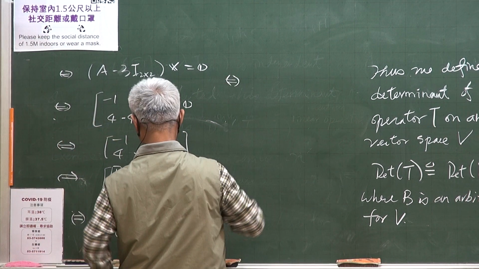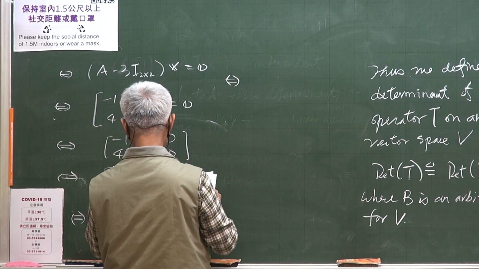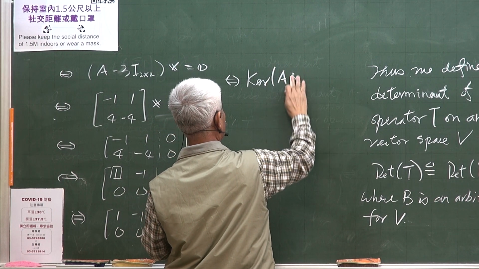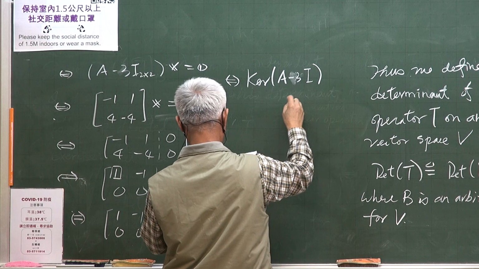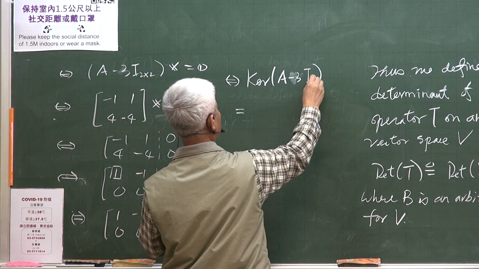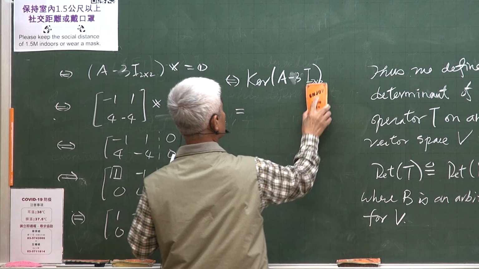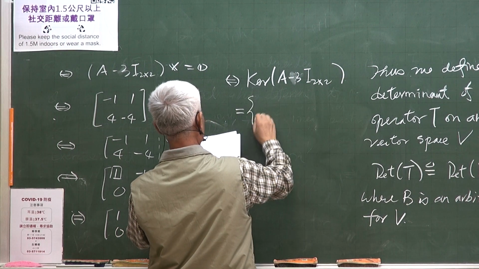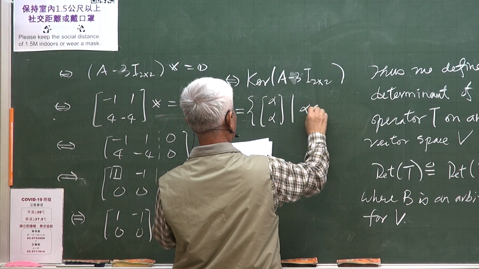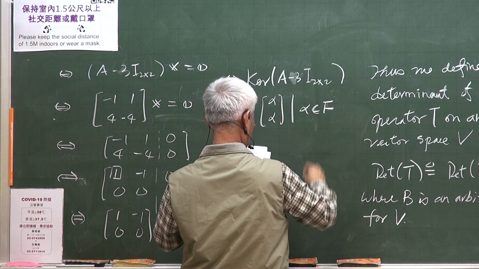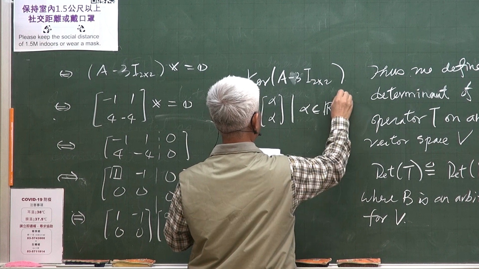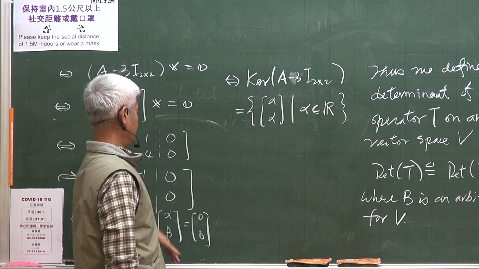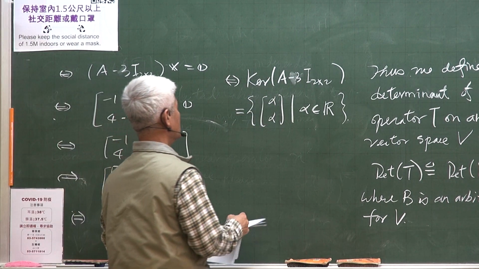So this says that the kernel of A minus 3I is equal to alpha alpha in R2, like that, and so it's one dimensional.